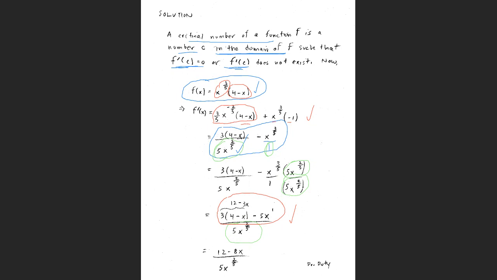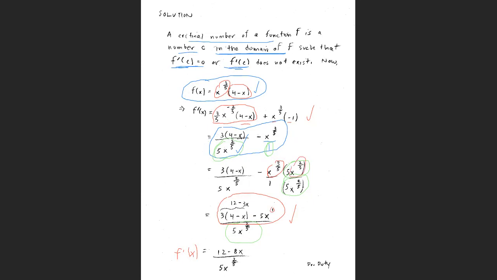Now 3 times 4 minus x is 12 minus 3x. So I can write my derivative as then 12 minus, incidentally, x to the 3/5, like in the step above, x to the 3/5 times x to the 2/5 is x to the 5/5, right?